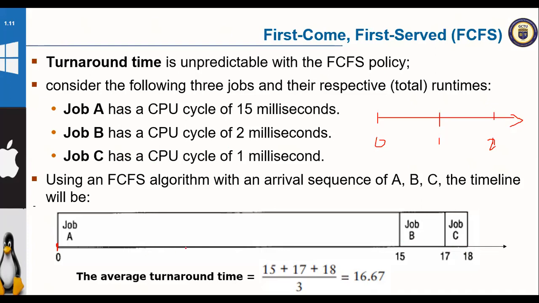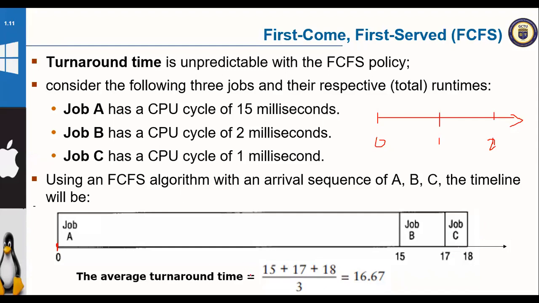Now, what is the average turnaround time? It took the CPU 15 milliseconds or 15 CPU cycles for job A. Then job B completed on the 17th CPU cycle. Then job C completed on the 18th CPU cycle.